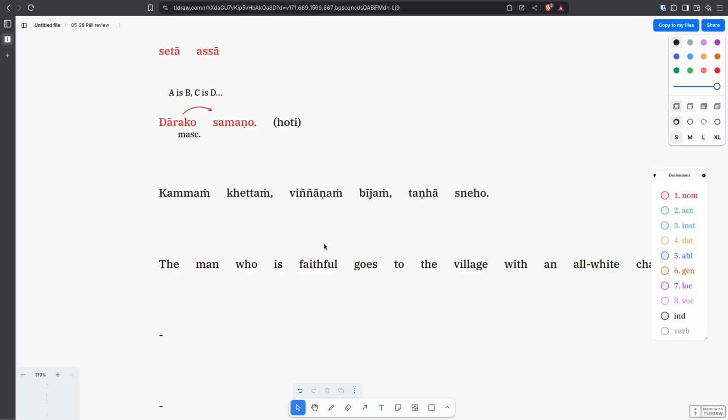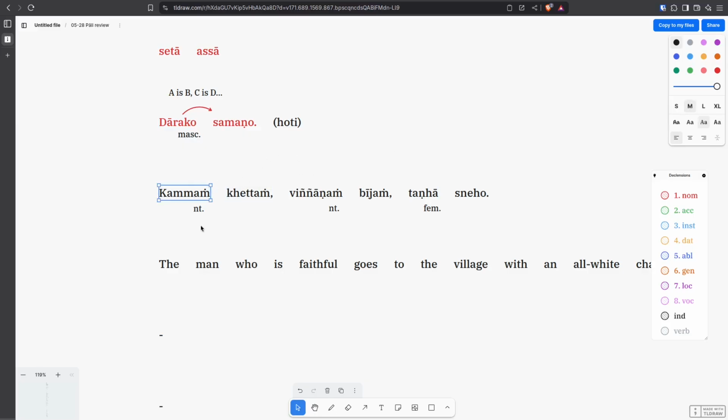But if it's a neuter, like kamma is a neuter, viññāṇa is also, and taṇhā is feminine. And these are all, again, feminine forms. These are all nominative forms, but the gender of the noun is different.